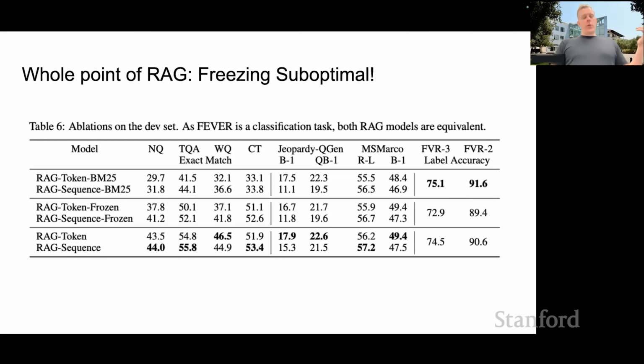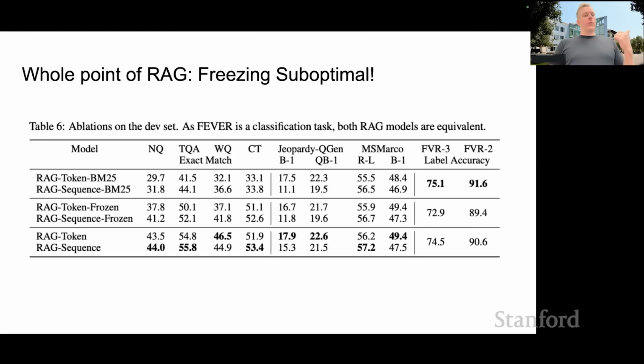And what we do in this paper, basically the whole point of the paper, is that this frozen thing doesn't really work all that well, right? I think what people call RAG now usually refers to the frozen thing, but the whole paper would never have been accepted anywhere if we had just done the frozen thing. The whole point of the paper is that you want to optimize it.